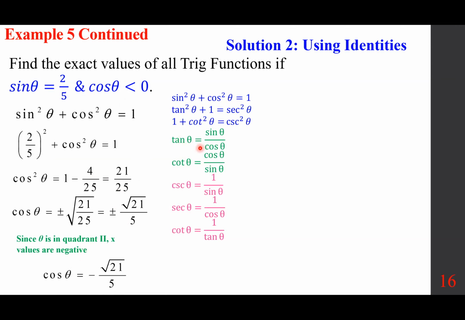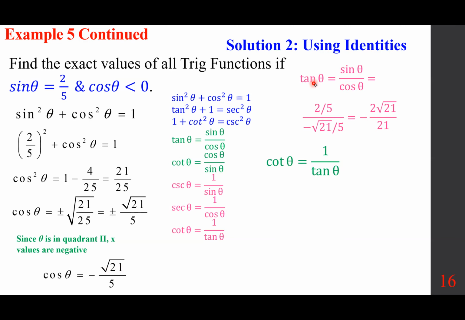And so since we have sine and cosine, then we go here. Tangent is sine over cosine. The rest of them are just reciprocals. The reciprocal of this is 5/2. The reciprocal of this, the reciprocal of that. You find the reciprocals, and this becomes cosecant, this becomes secant, this becomes cotangent.